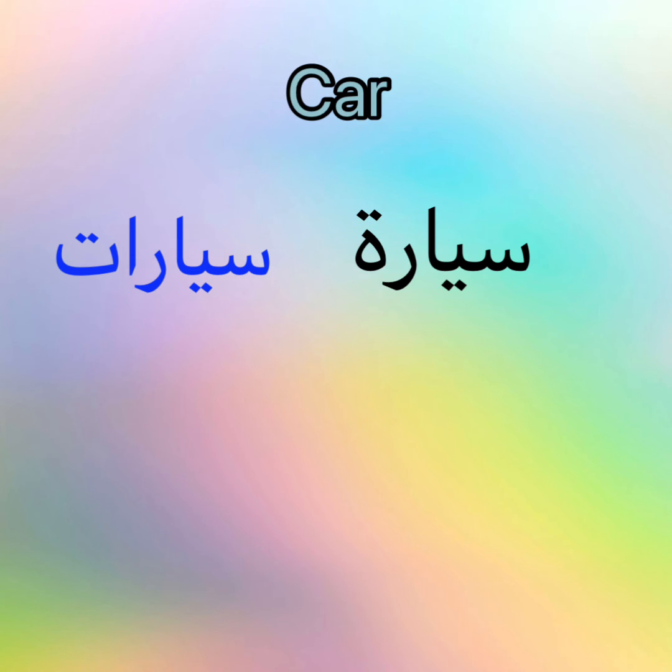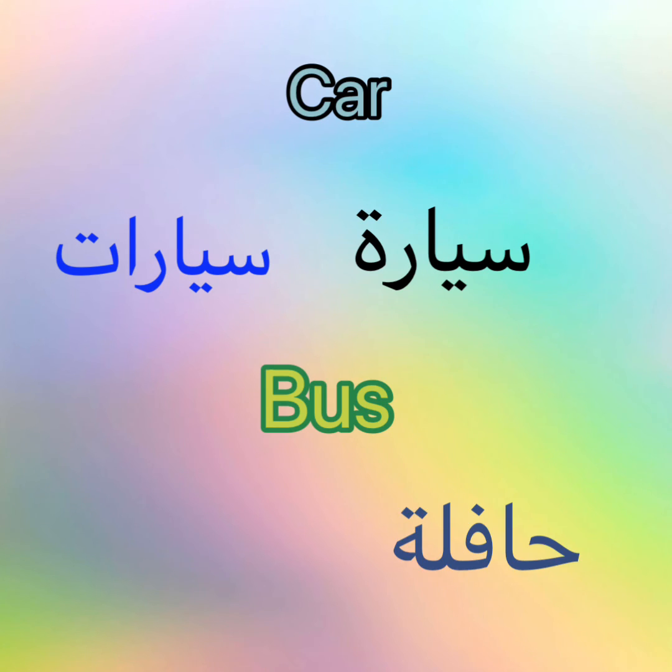Same goes with حافلة, حافلات. We did nothing but open the تاء مربوطة and make it a تاء مفتوحة, then add a mad ألف before it. So سيارة سيارات, حافلة حافلات.